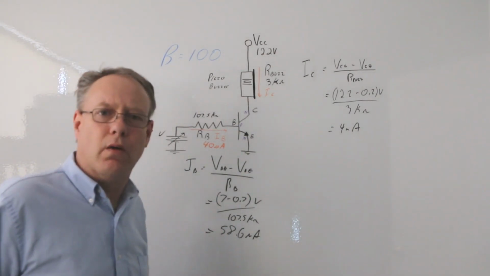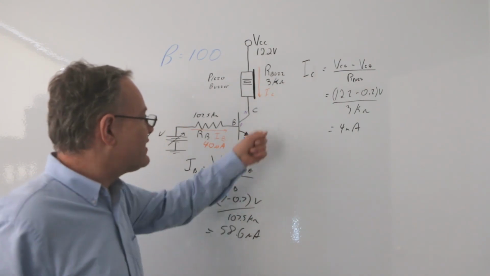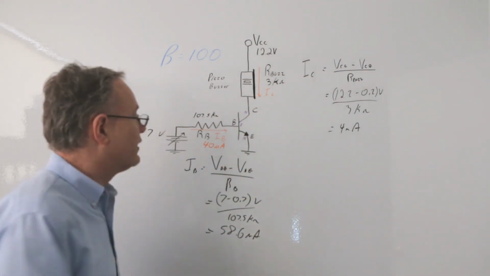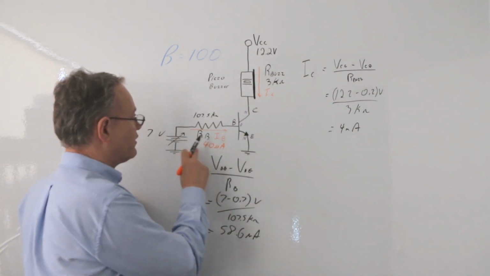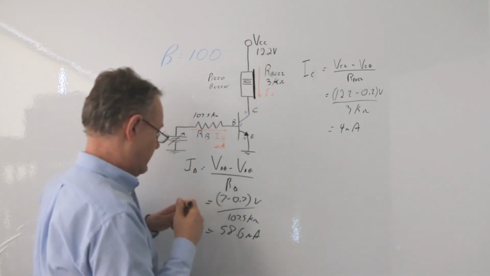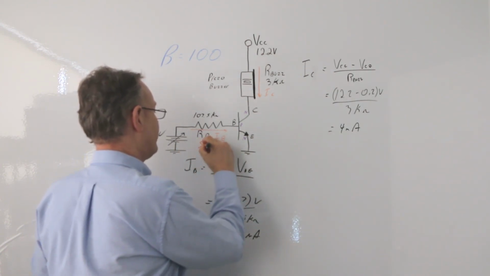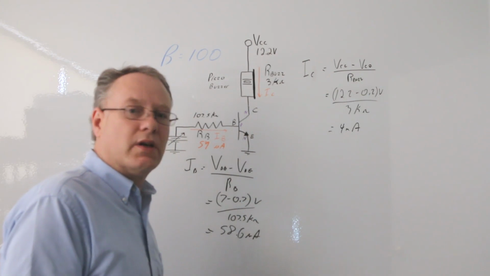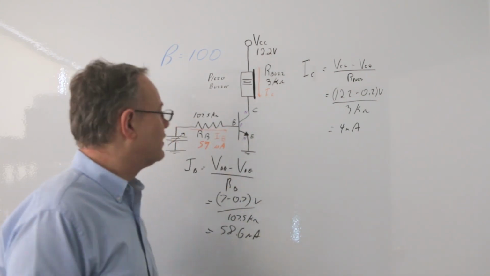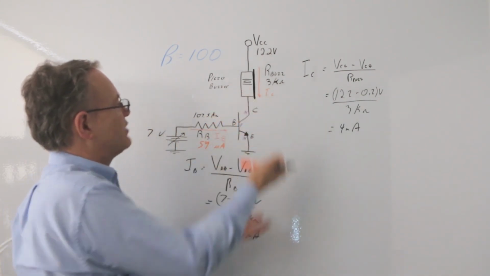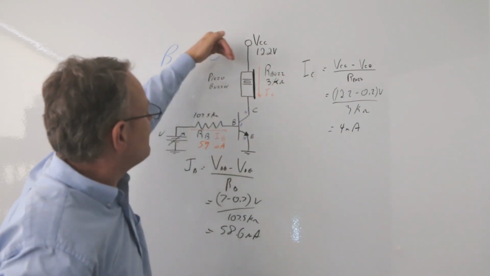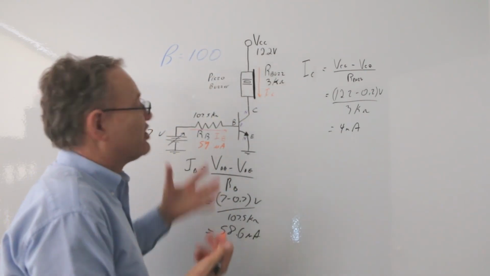So will the buzzer get any louder? Well, actually, no. The reason is because this guy is fully saturated. I'm putting more current through here, so now that's gone up to 59 microamps. There's more current going through here. Does it actually make this buzzer any louder? Does it make the current going through here increase?